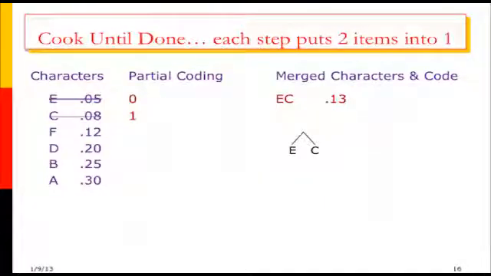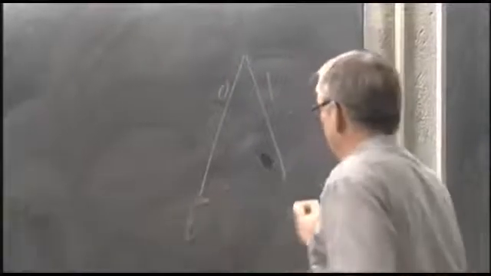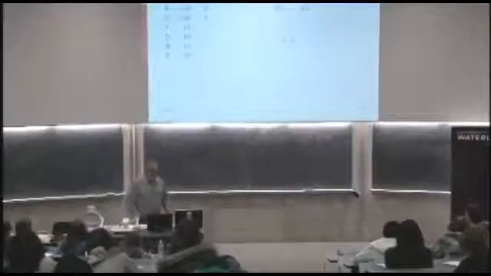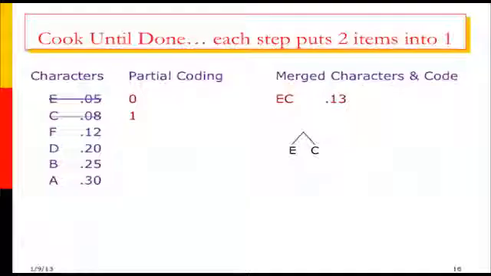Simple terminology. Okay, that sounds reasonable. Now, EC occurs with the probability of it being either an E or a C, and it can't be both, so the probability is 0.05 plus 0.08, otherwise known as 0.13. So you just add those probabilities.